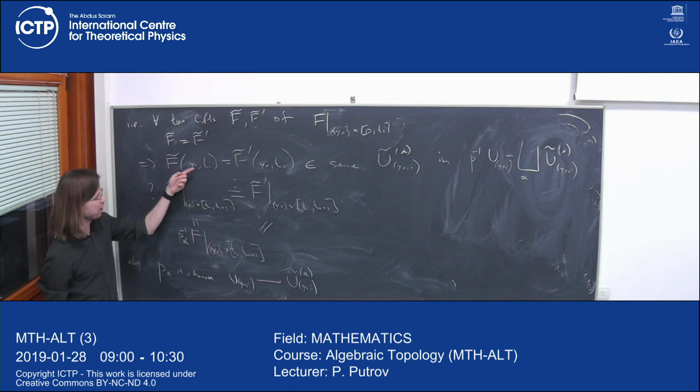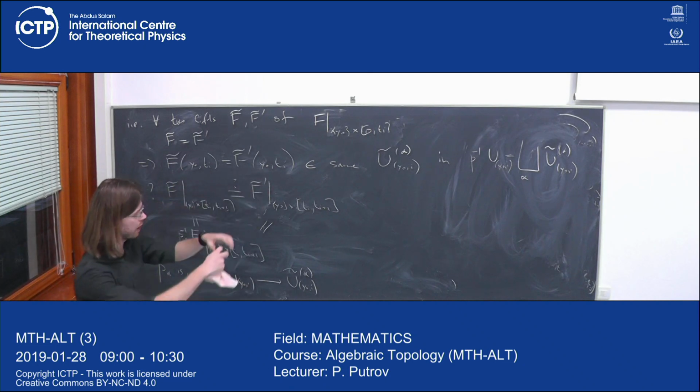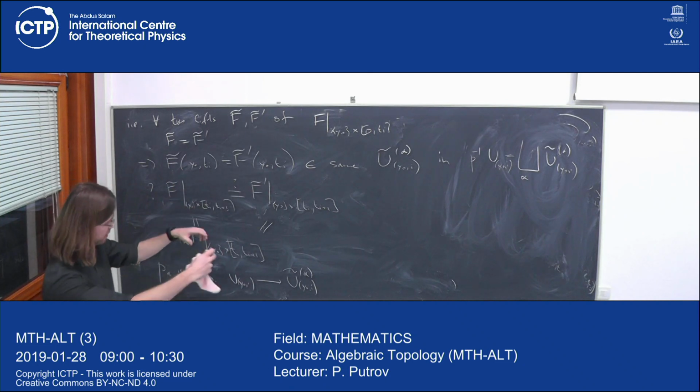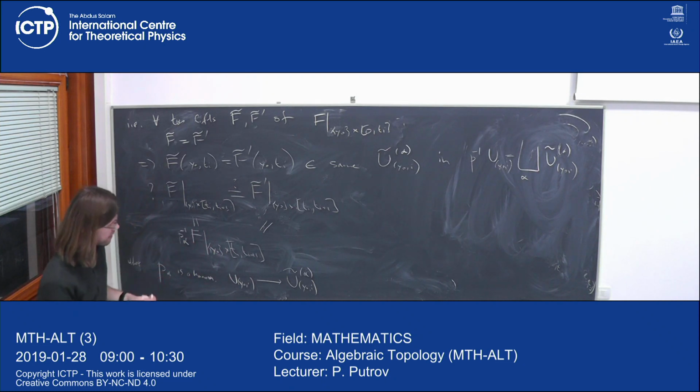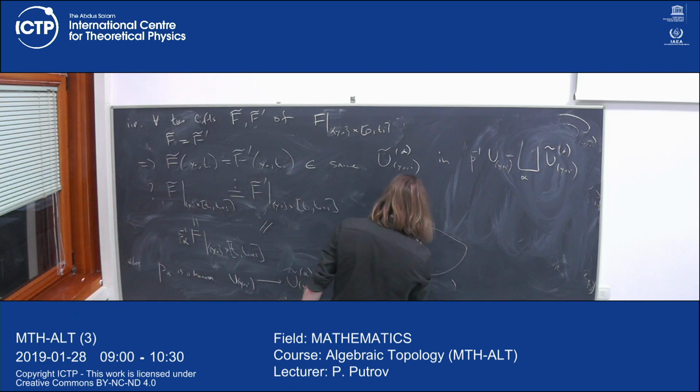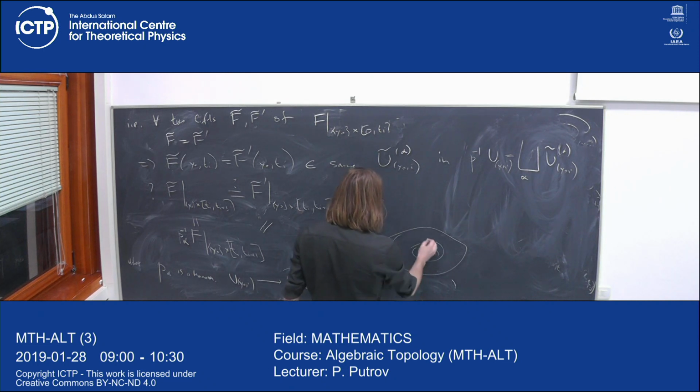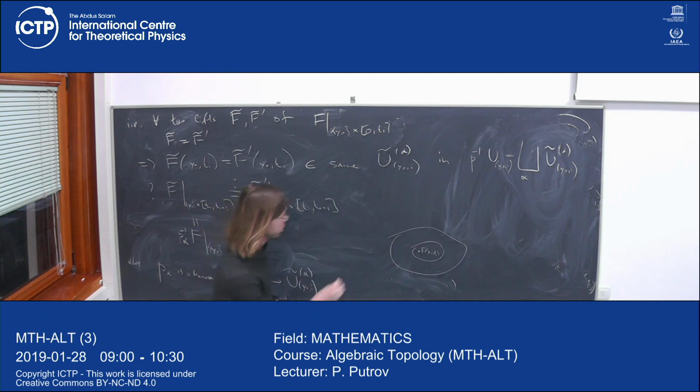So again, if we fix some points, there is some evenly covered neighborhood containing these points in X. So there are some evenly covered neighborhoods.